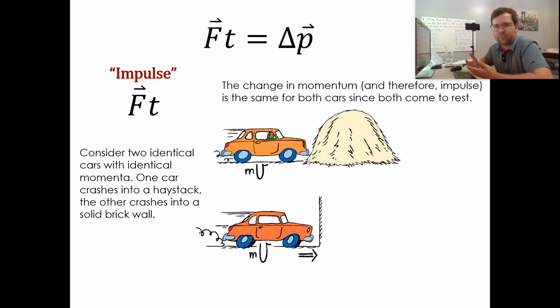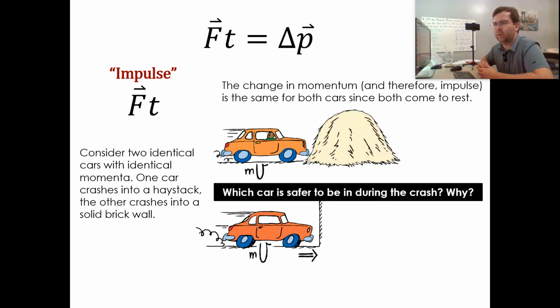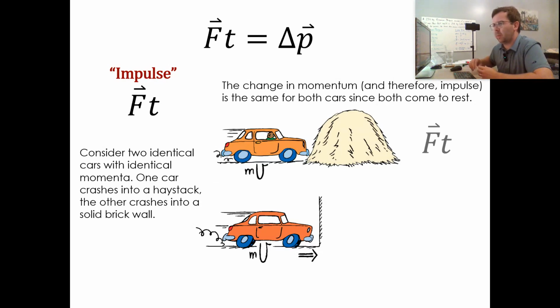Okay, so what's so special about that? What does that really tell us? Well, impulse is the product of force and time. If you consider the force on the car and the time that the force is applied for, it gives us an answer to this question: which car is safer to be in during the crash? They both have the same amount of force times time, the same impulse, because they both stop.